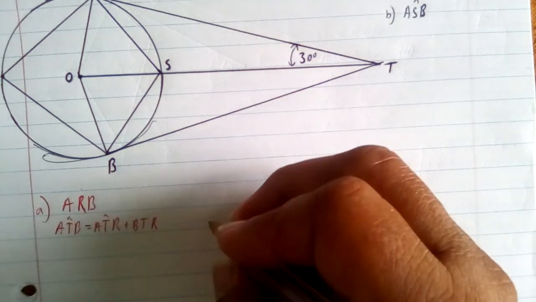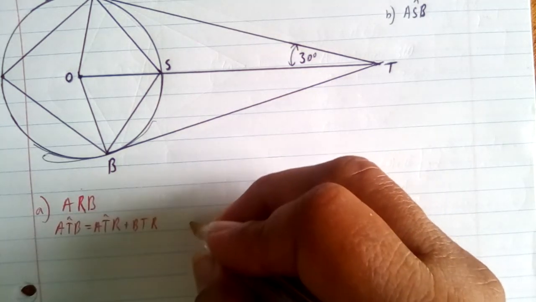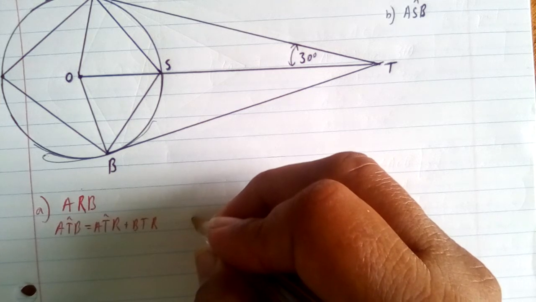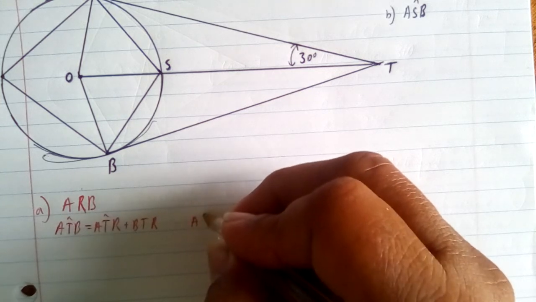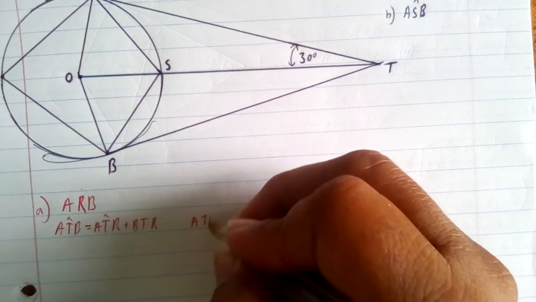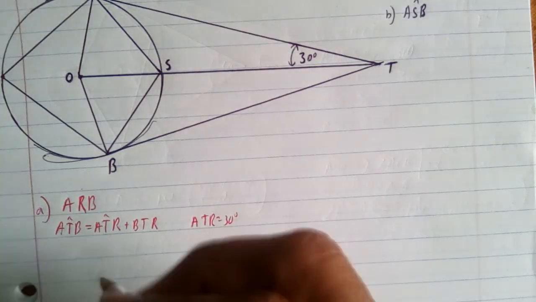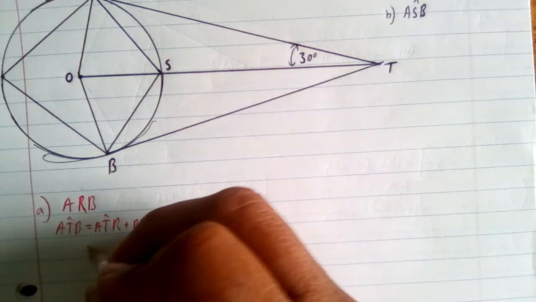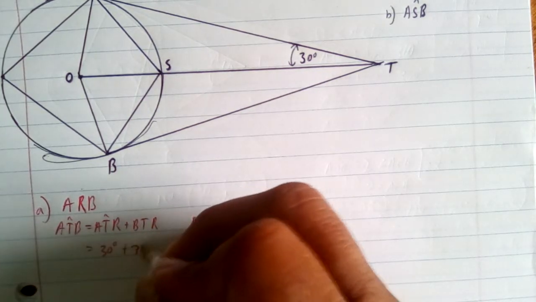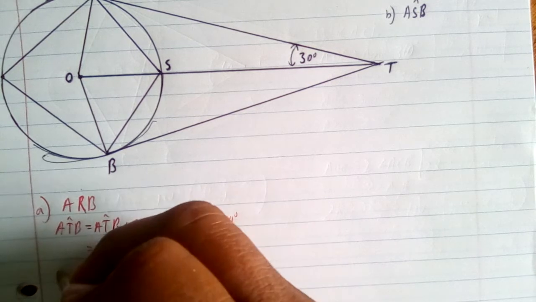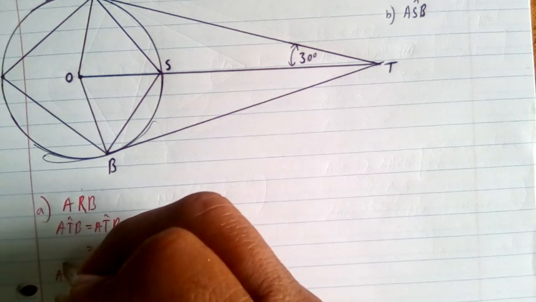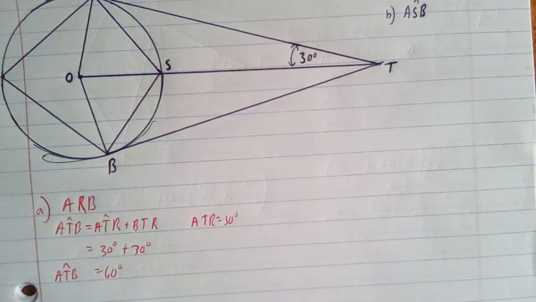And we know that ATR equals 30 degrees, we know for a fact. So therefore, we can say that ATB equals 30 degrees plus 30 degrees, giving us 60 degrees for angle ATB. We have that information now. So ATB equals 60 degrees.